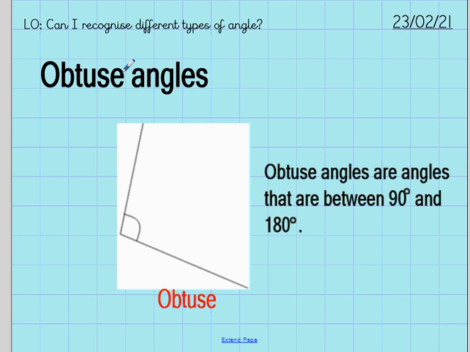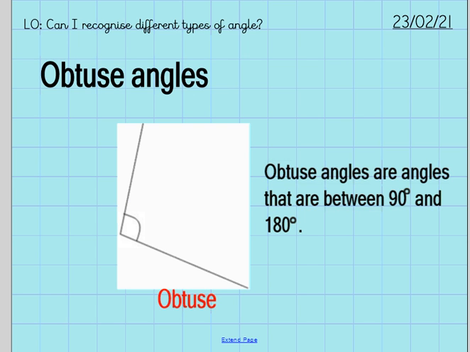Now, moving on, obtuse angles. Obtuse angles are any of the angles that are between 90 and 180 degrees. So anything bigger than a right angle but smaller than 180 degrees; any of those are obtuse angles.